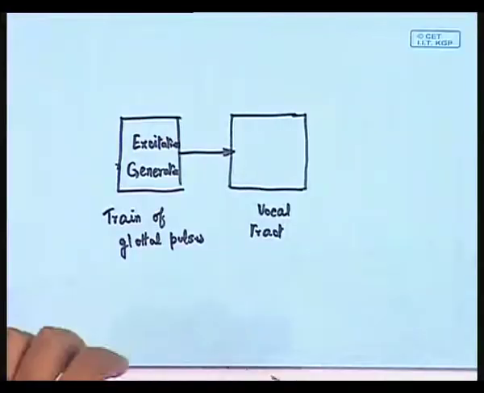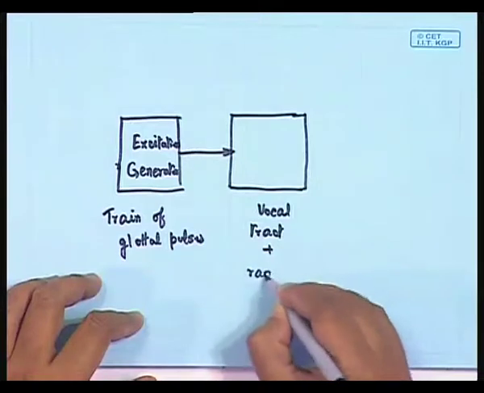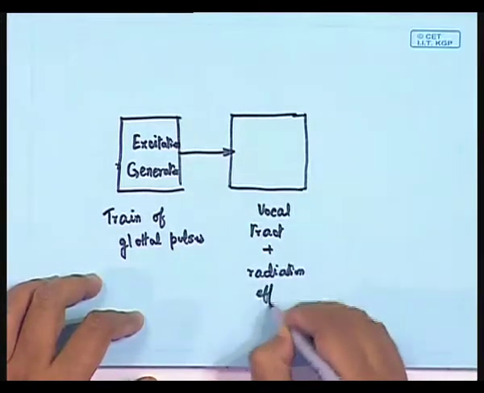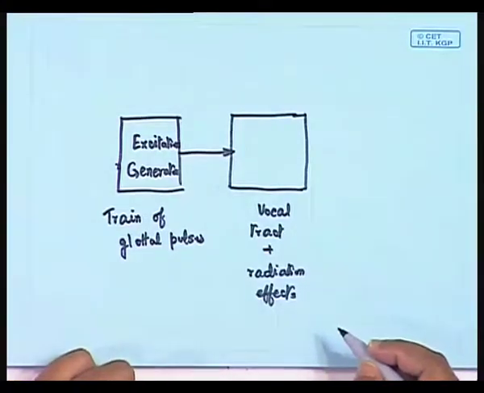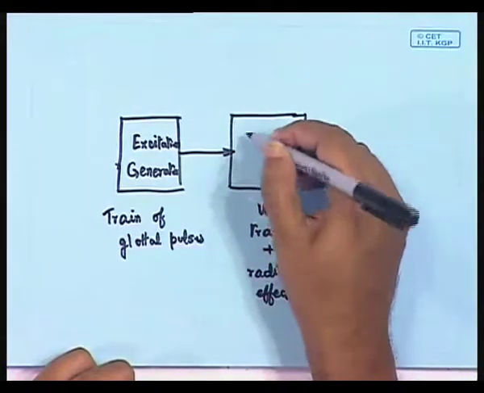Now, along with the vocal tract we also have to consider the effects of radiation. So we call this vocal tract plus radiation effects, and as I was telling you, this acts like a filter, okay, but this is a kind of linear system, and we can model it as a time varying linear system.